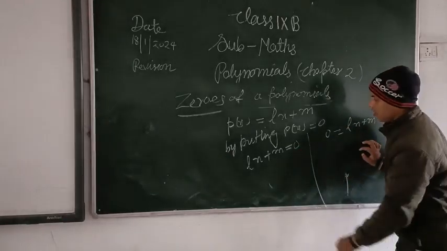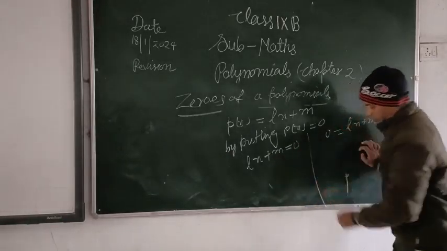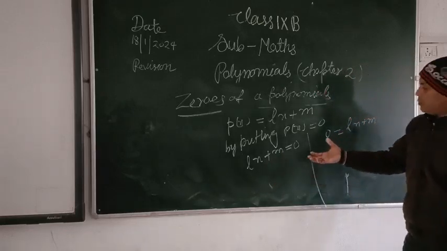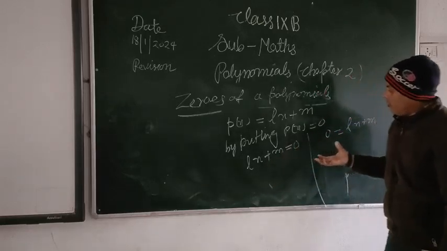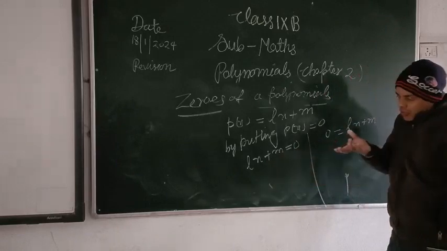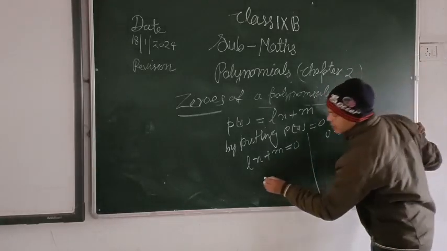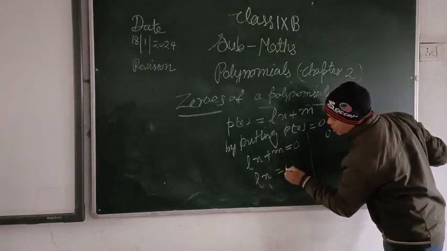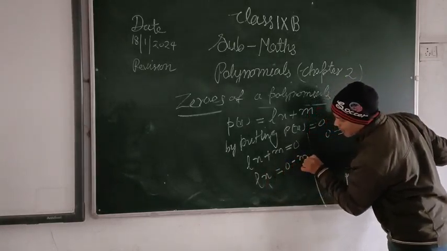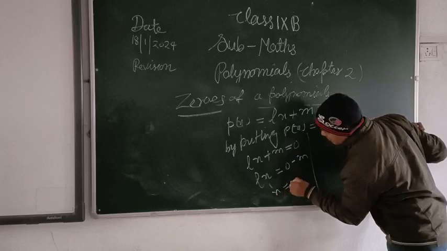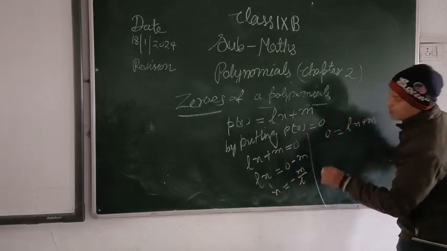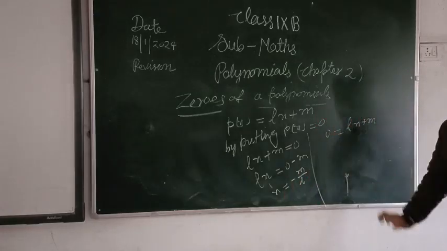Why are we writing it like that? Because it will be easy for me and for you also. So lx equal to 0 minus m, so x equal to minus m upon l, that will be the zero.